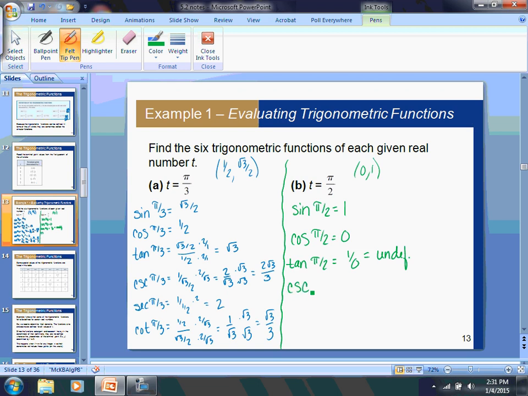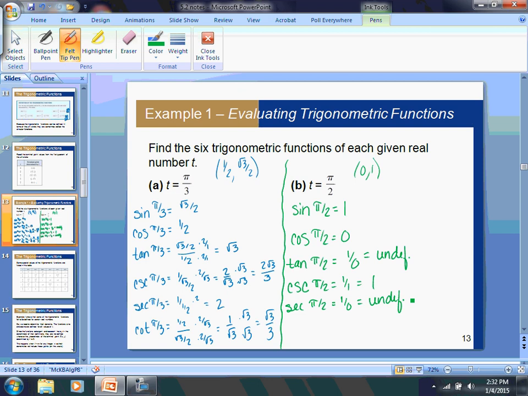Cosecant of pi over 2, that's going to be 1 over sine, which is going to be 1 over 1, which is just 1. Secant of pi over 2, that's going to be 1 over cosine, so that's 1 over 0. So again, that one's undefined.